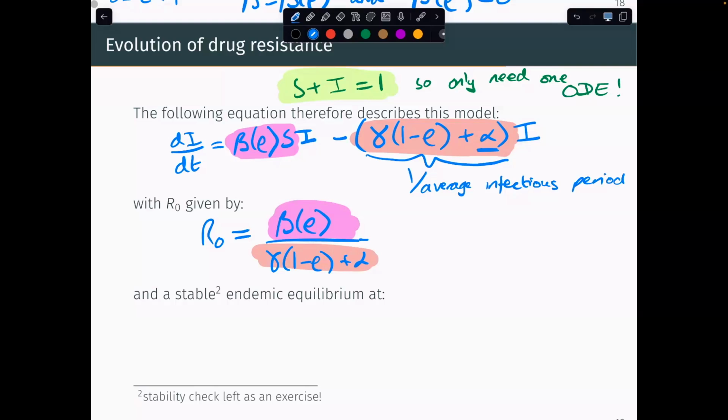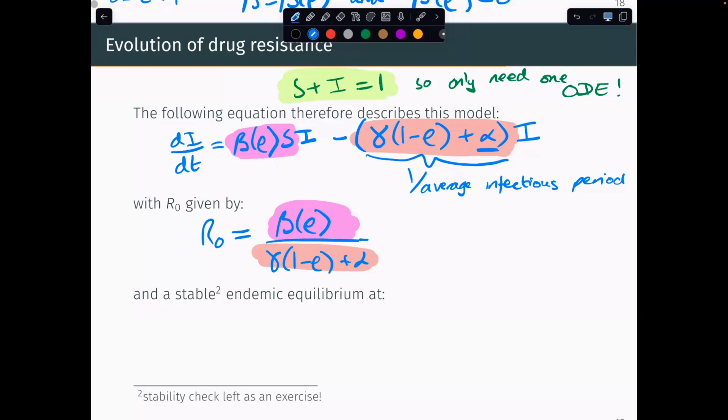When we're working out our R naught, we can work it out from our dI/dt, but essentially we're saying, given that the whole population is susceptible except for this one infected individual, what's the rate at which they produce infections? And then we multiply that by their average infectious period, how long we expect them to be infectious for. That's why we end up with beta of rho here. S is equal to 1 at our disease-free equilibrium, and we multiply this by 1 over this term here, which is the average infectious period, okay?